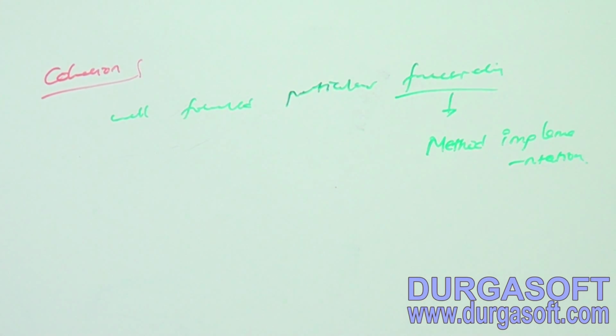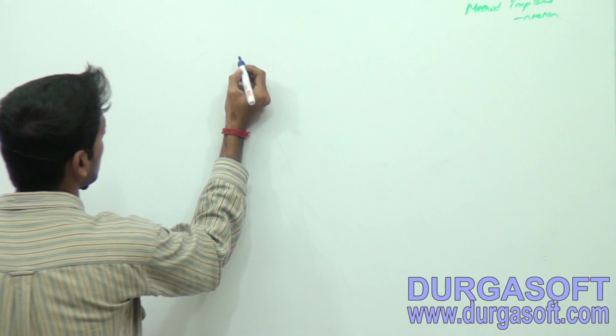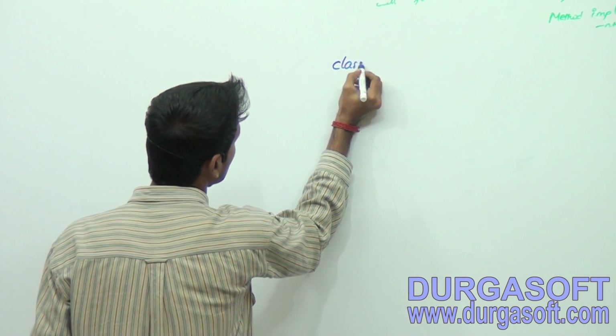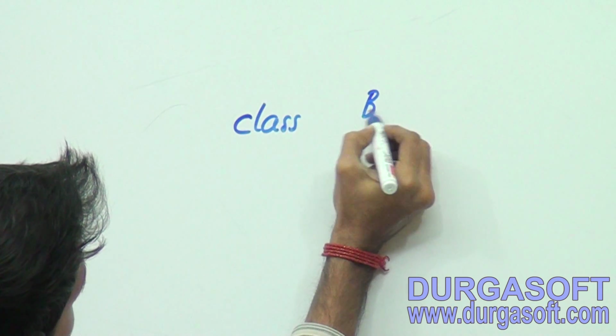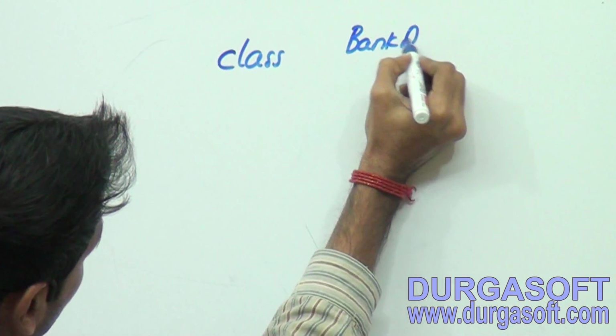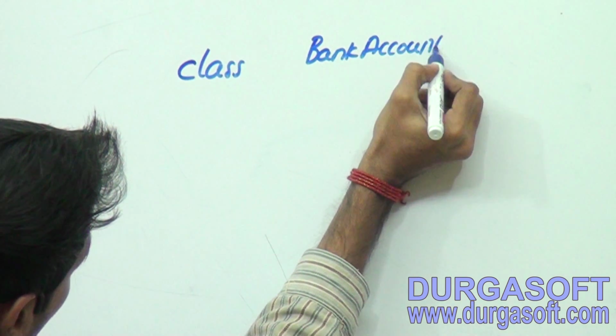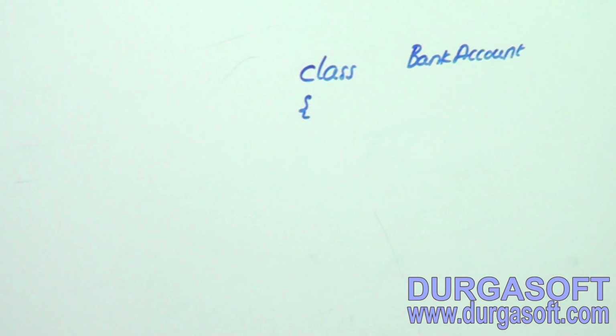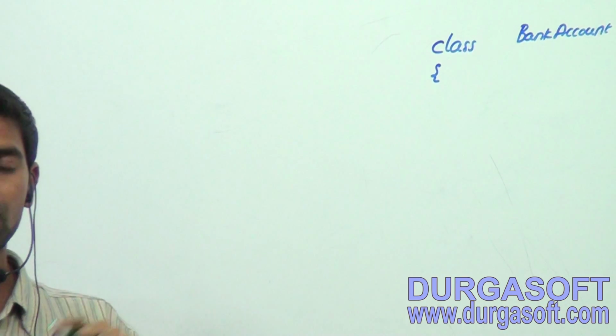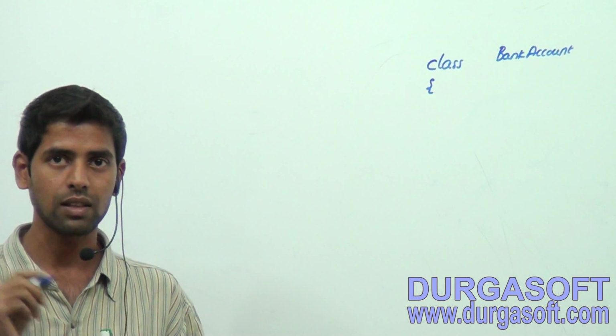Now I'm going to write one small piece of code. Observe this part carefully. Class BankAccount. Within this bank account, one of my customers wants to do a transaction.